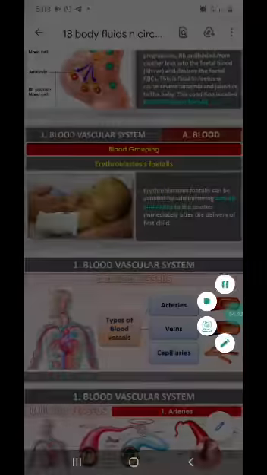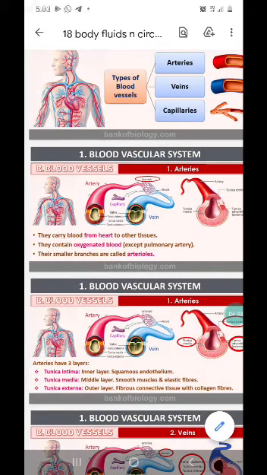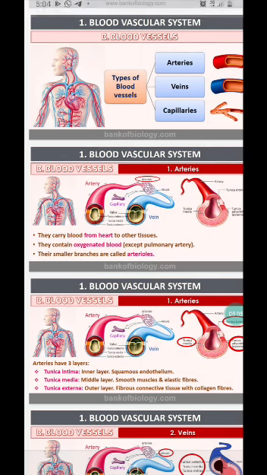Coming to the blood vessels, the main blood vessels are the arteries and veins. The arteries carry blood from the heart to the other organs or parts of the body, and they carry oxygenated blood, except the pulmonary artery, which carries deoxygenated blood to the lungs from the right ventricle.